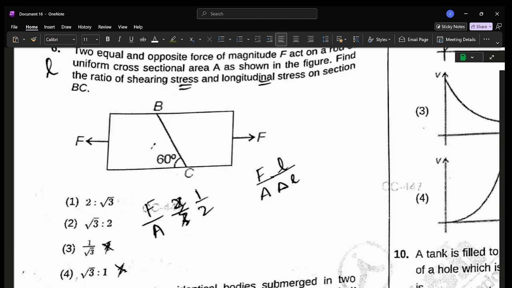It asks us to find the longitudinal stress and shearing stress only on the BC part. That is something I did not know about. Thankfully, it is mentioned. I need to note that down as well, because it's only section BC that we need to know.